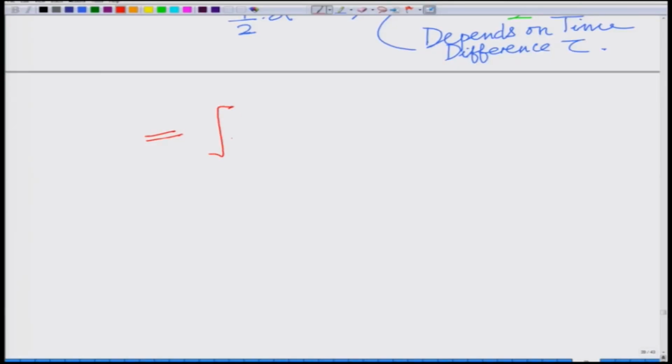Now, when you substitute that, you will immediately see that it tremendously simplifies the integrals.